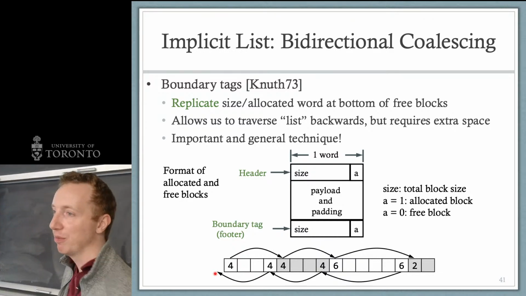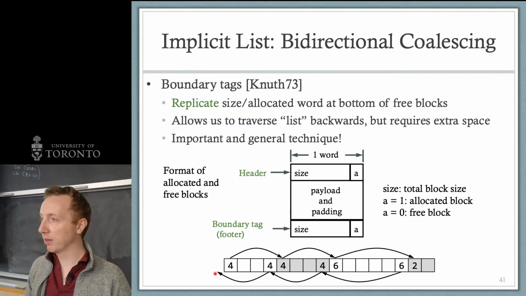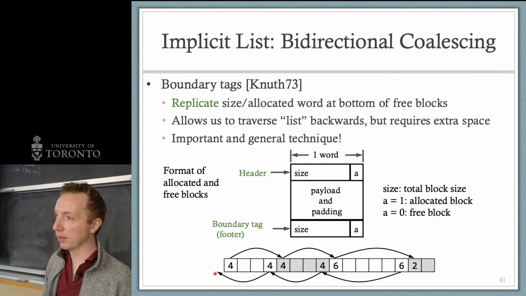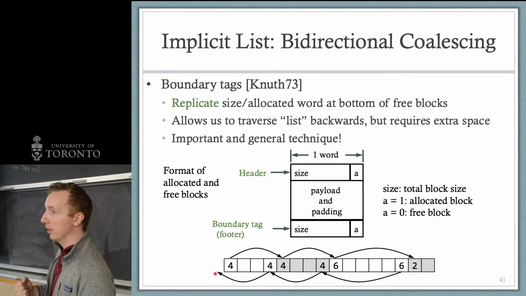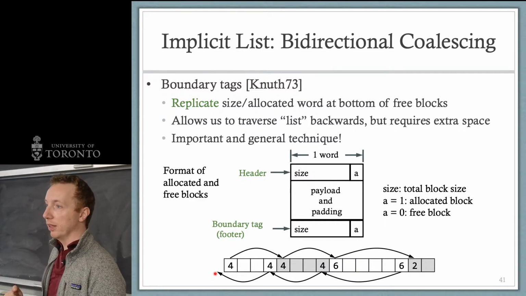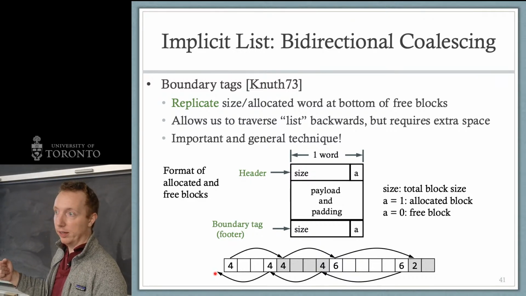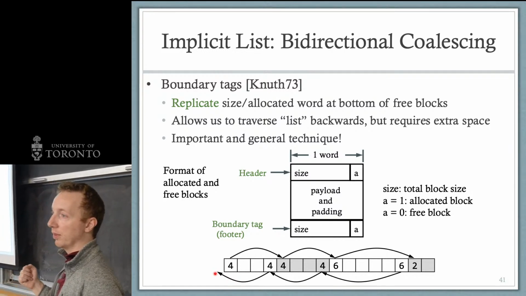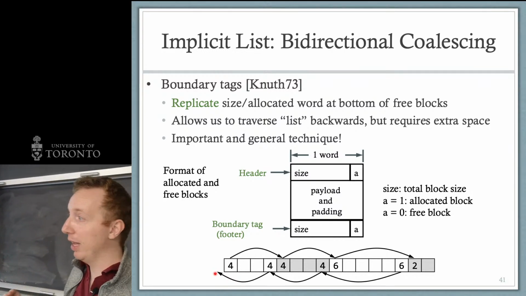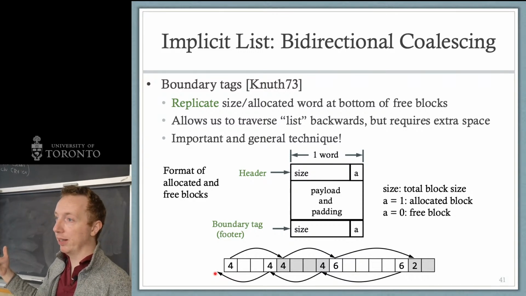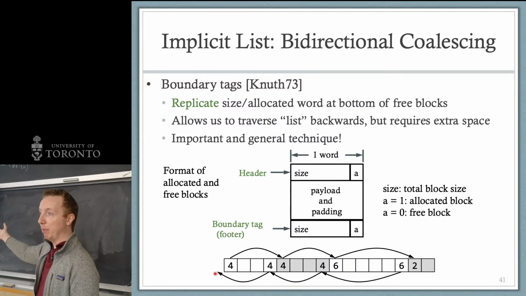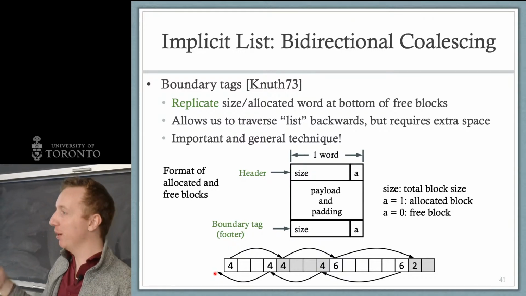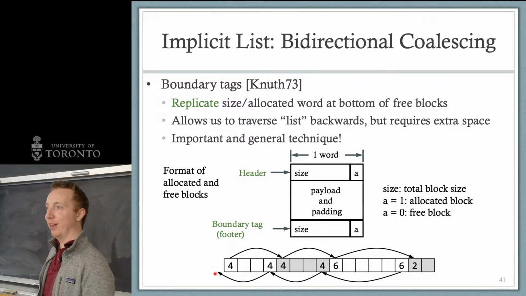If our data size is on average sufficiently big, is it really worth trying to design something better? If our data size is like 4 kilobytes, then two words is not going to matter. If the allocations are big, it doesn't matter, right? This might be really bad if people just requested a single byte at a time: I want a byte, I want a byte, I want a byte, with alignment requirements.